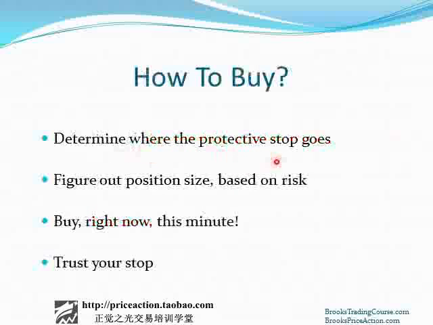You just determine how far away your protective stop is and try to go for a risk at least as big. And depending on how many ticks you're risking, that determines your position size. If you are having a hard time determining the exact position size, don't worry about being exact. Just instantaneously trade half size or quarter size. And buy right now, this minute, and trust your stop.